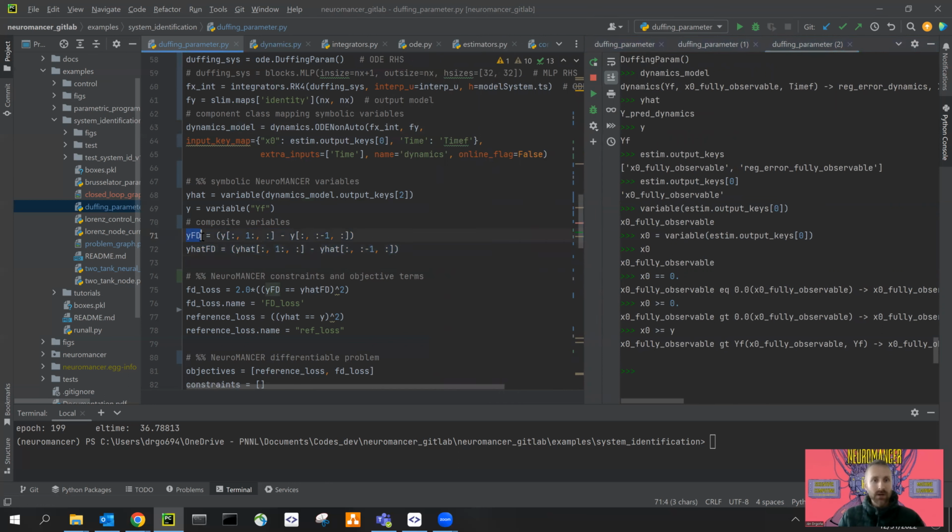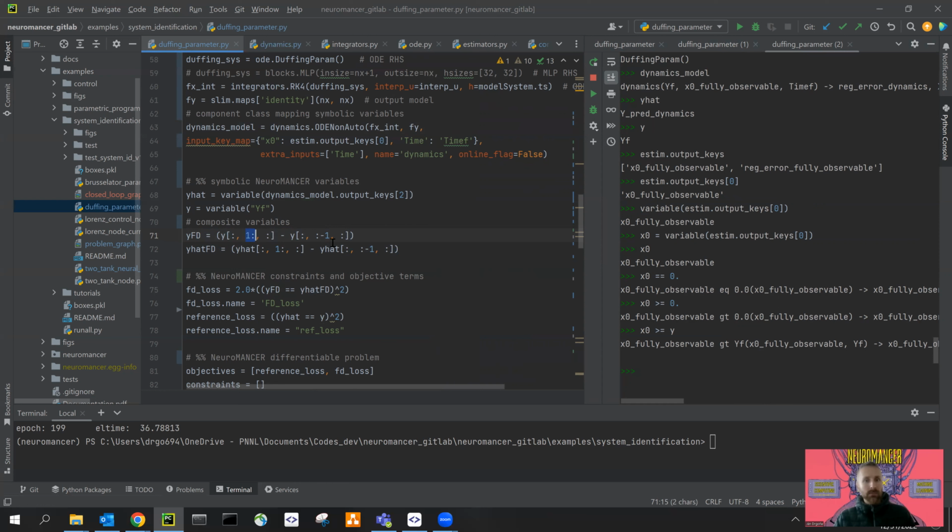But you can also define the variables in a composite way. So here are two examples of creating finite difference of variables. We can do slicing because this variable will actually point to a three-dimensional tensor, where the first dimension is the number of batches, then the length of the individual trajectory in each batch, and the space dimension of the variable.